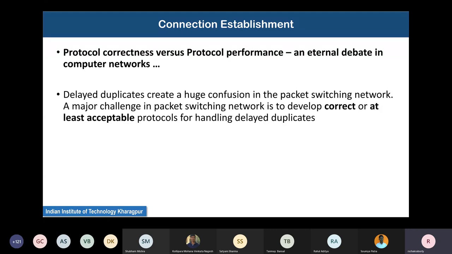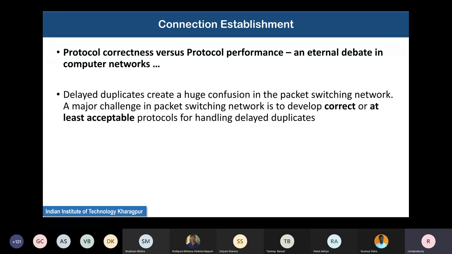But for 99.9999% of times, the protocol works and gives you very good, acceptable performance in practice. This is an important concept because in computer networks, the user experience is an important feature. A user who is connected to a network expects a quick turnaround time for his data, for the web pages he is trying to access, or when he is transferring a file or getting a page by HTTP.